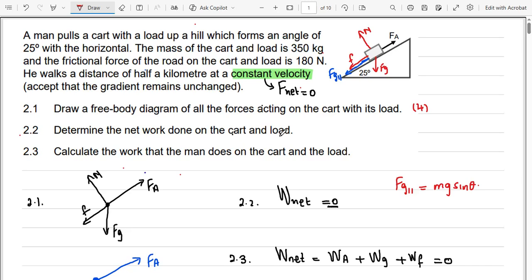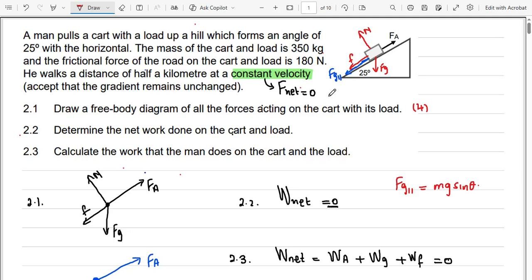Is it possible that this question doesn't have the displacement? Maybe we're missing something here. They say that he walks a distance of half a kilometer at a constant velocity. Half a kilometer. So if he walks half a kilometer, what is our delta x?